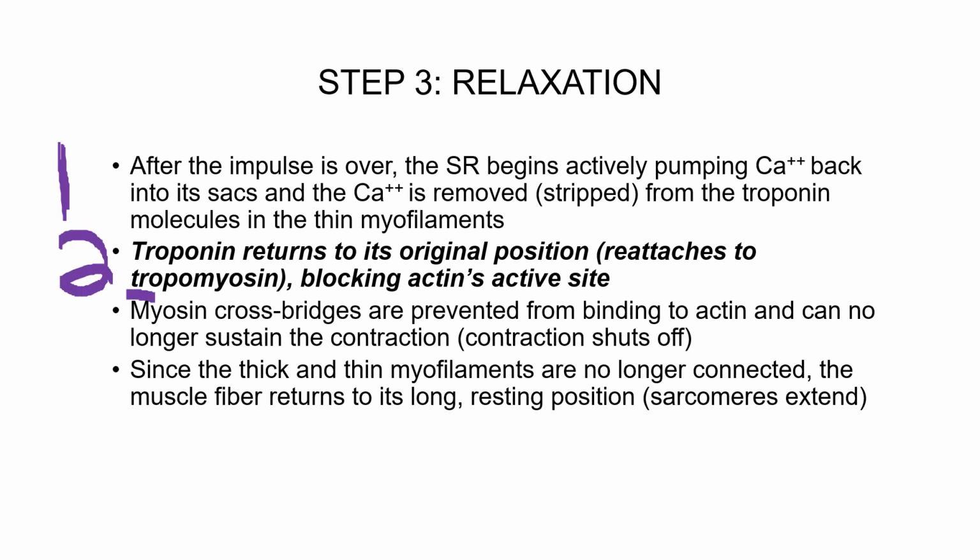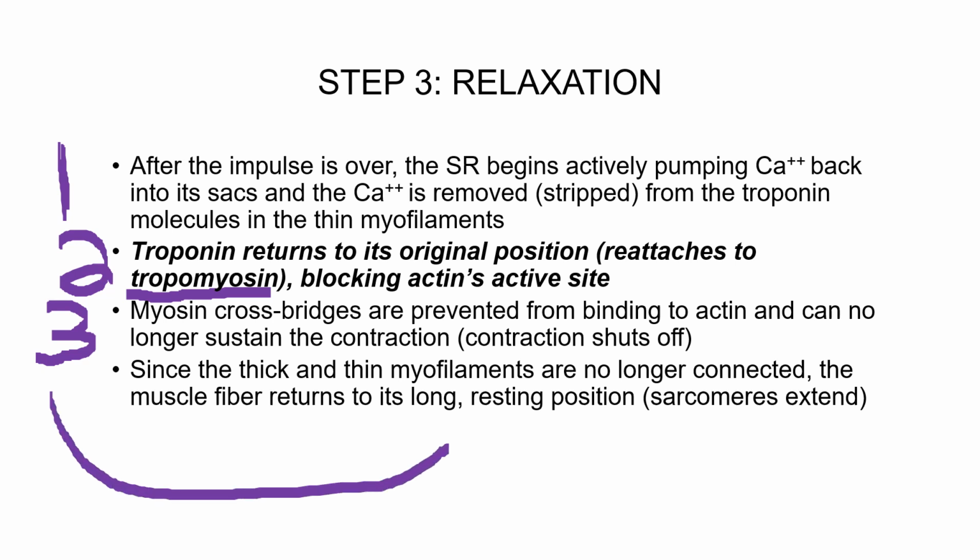The tropomyosin is now no longer being influenced by the troponin, and then the tropomyosin starts blocking myosin and actin from getting together again. It blocks that actin open site. So if actin's being blocked, then myosin can no longer bind with actin, and the whole thing shuts off. And what happens is the sarcomere starts extending, going back to its resting state.